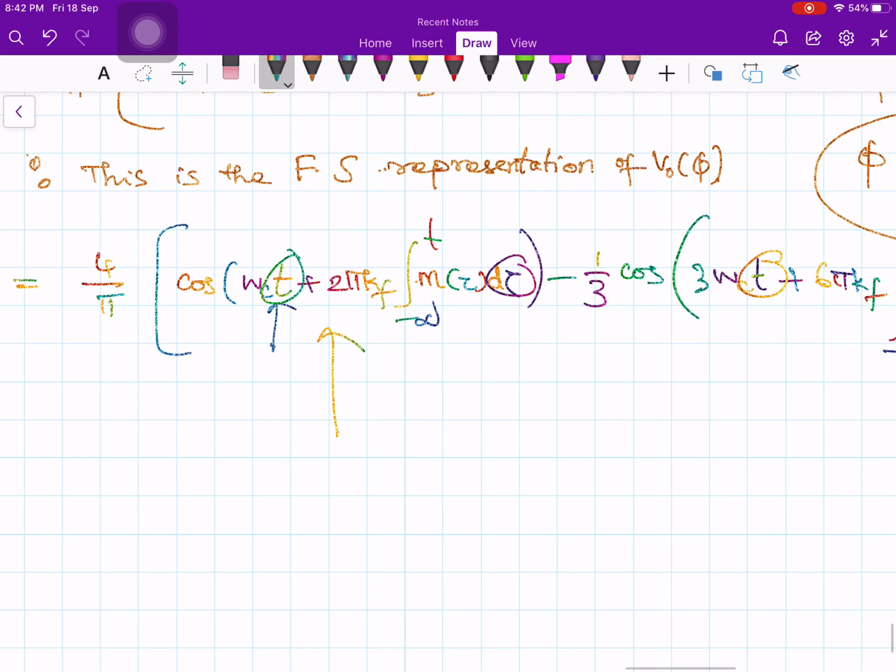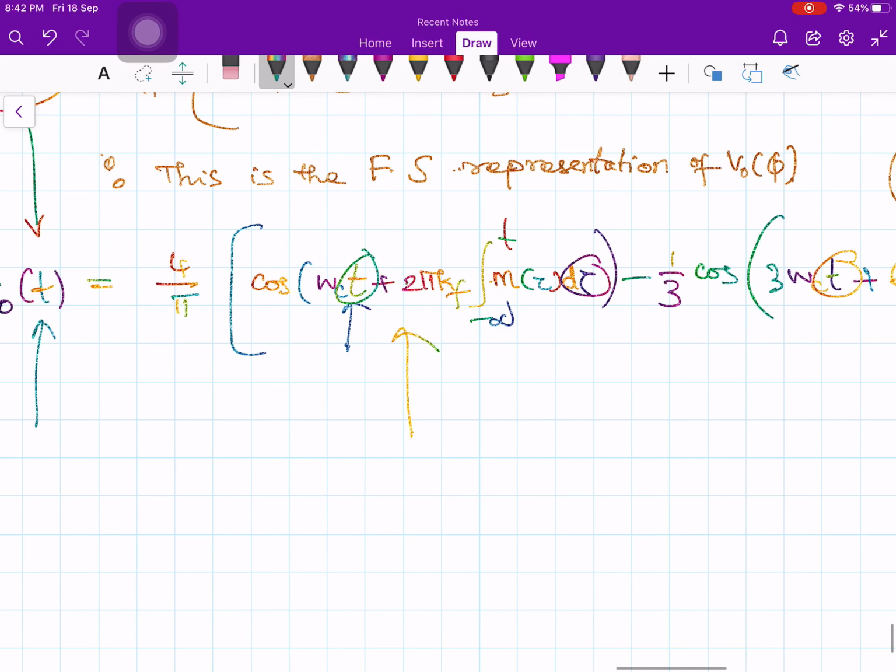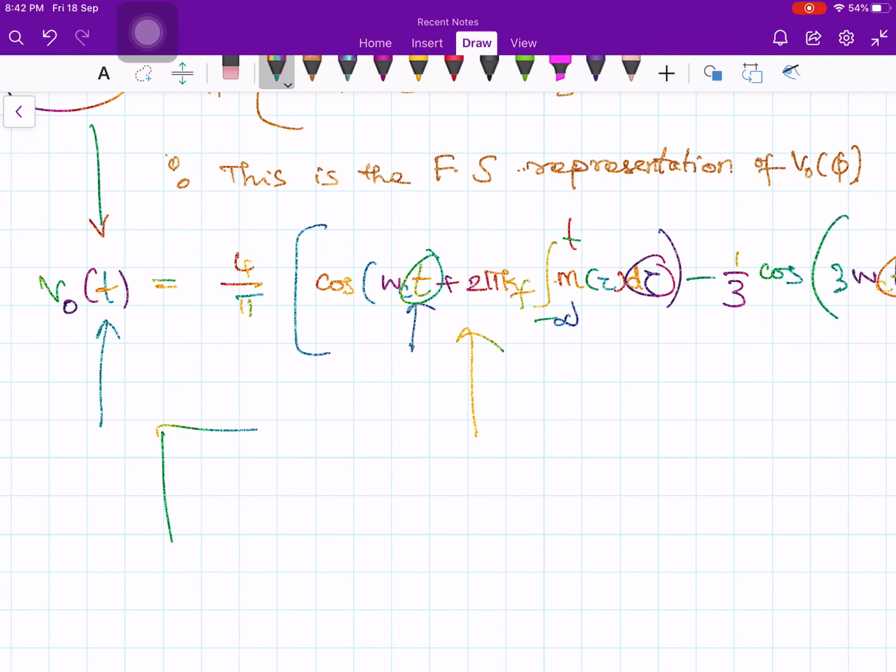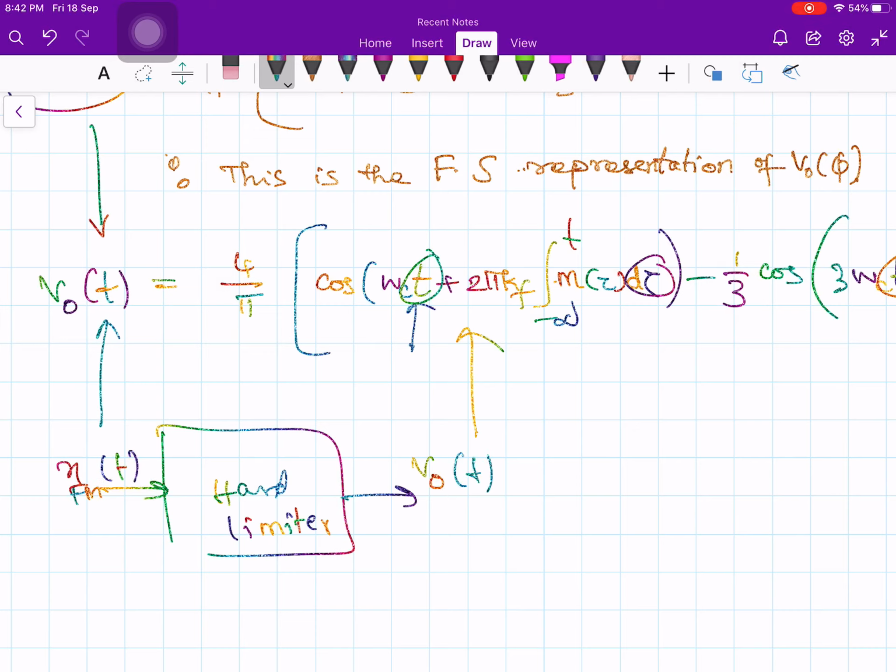Now what are we following it up with? This is my v naught of t, the hard limiter output, and the input is your x fm of t. Now this is given to what? Your band pass filter tuned to the frequency fc. So we are following it up with a band pass filter tuned to the frequency fc.